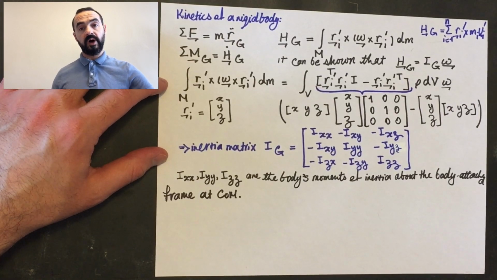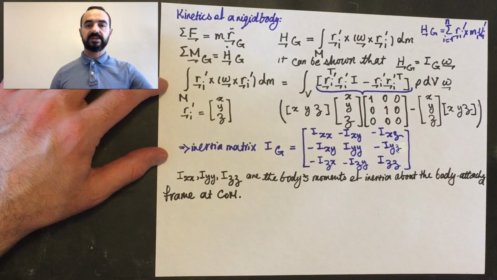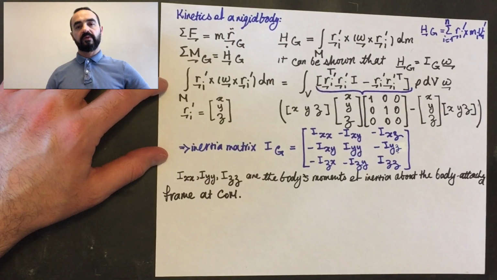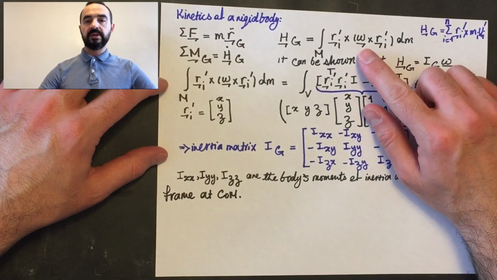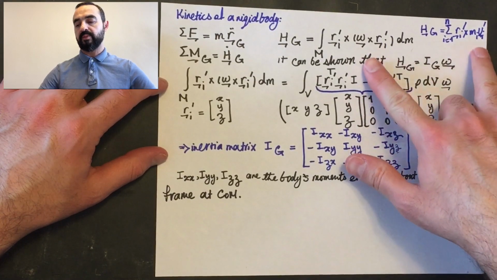And for a rigid body, by definition, the distance between each two points, in this case between the origin of the body attached frame and an arbitrary point in this rigid body, remains unchanged. So the first term in that v_i prime goes to 0, and we end up having only omega cross r_i prime.